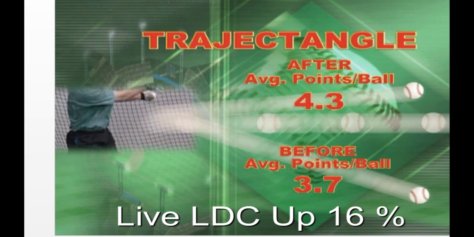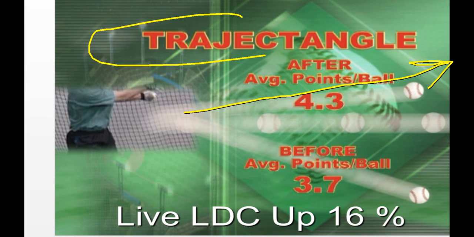So that's what we were after: we were trying to figure out a way to get more balls heading in the direction of balls that were going to do damage. And that was the entire thought process behind creating the Trajectangle. And that was again 2001.